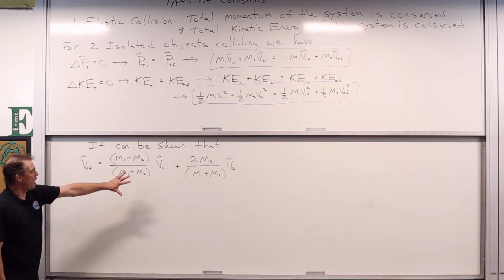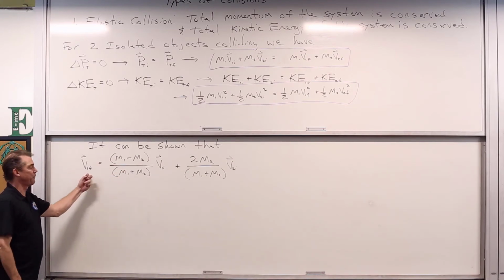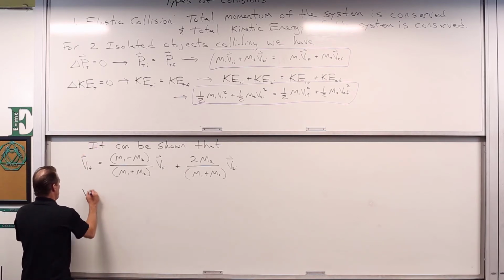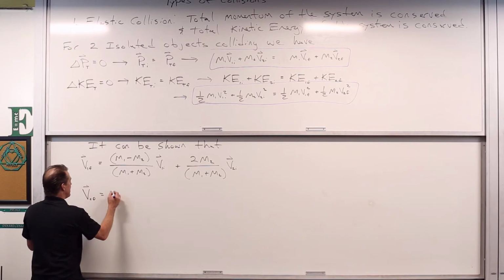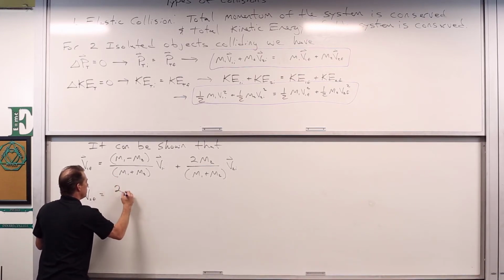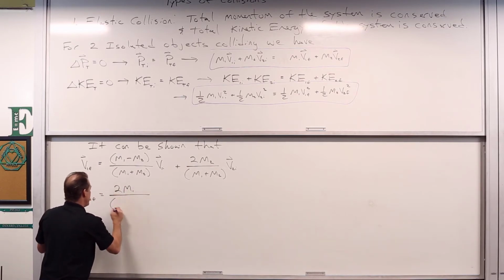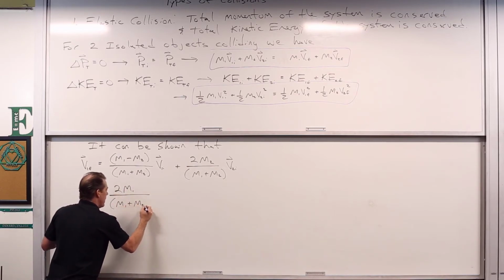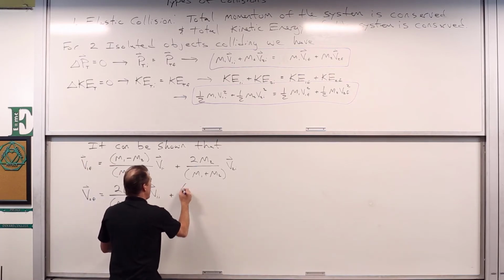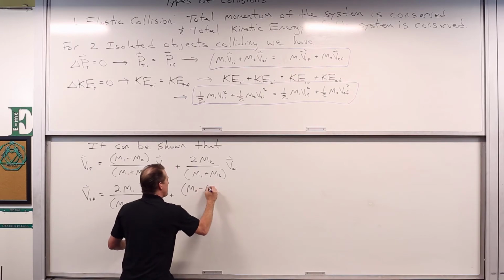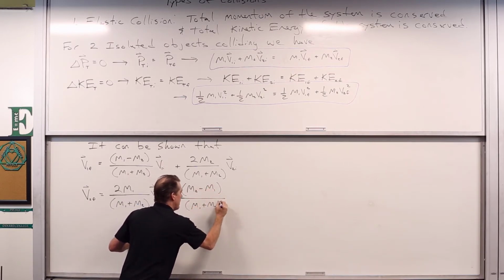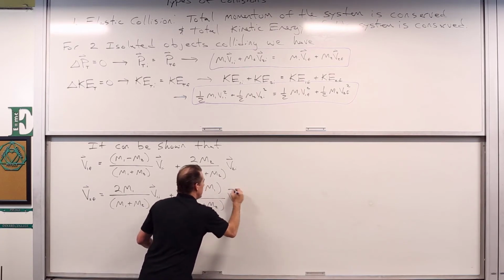If we know what the initial velocities are of the two masses, we know what the masses are, we can figure out what the final velocity is based upon those two expressions. And furthermore, V2 final hat is equal to 2m1 divided by m1 plus m2 v1 initial hat, plus m2 minus m1 divided by m1 plus m2 v2 initial hat.